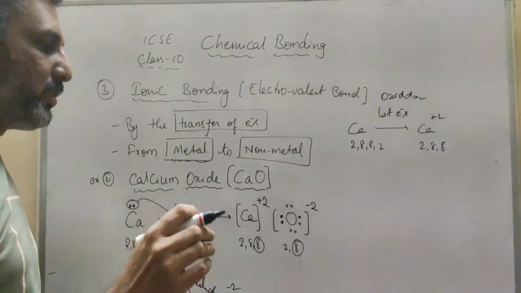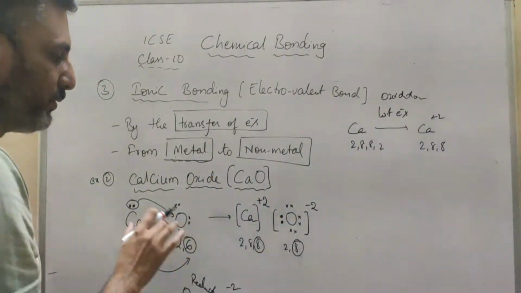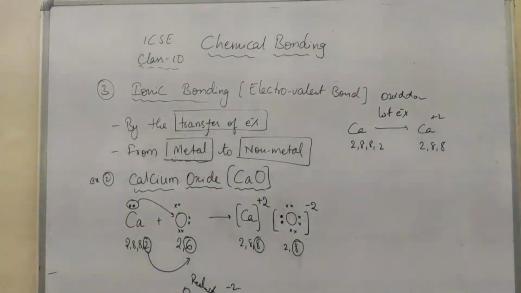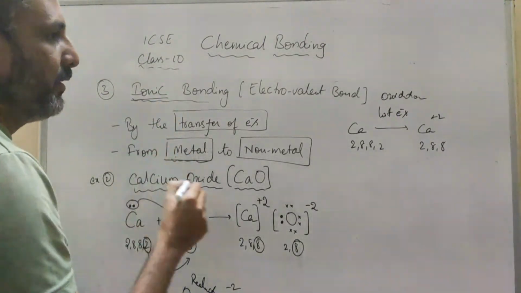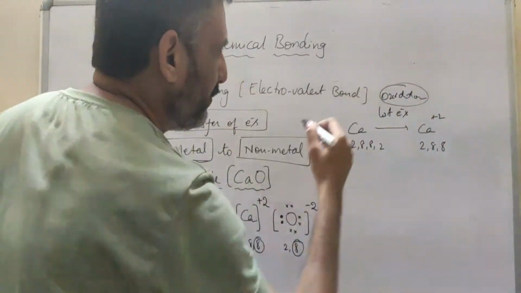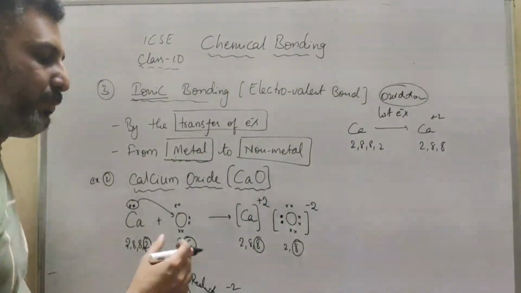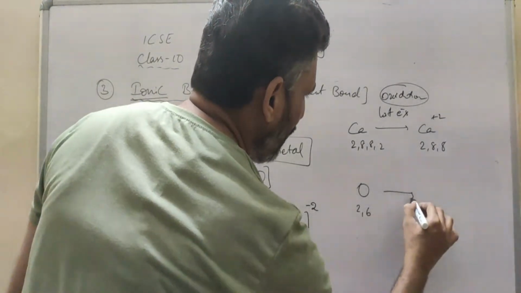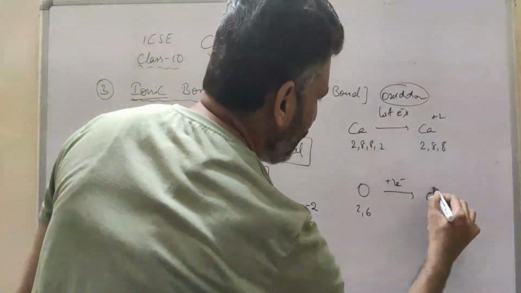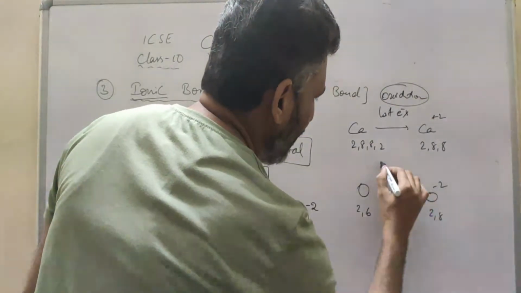So what type of change does calcium undergo, or what type of change does a metal undergo in the formation of ionic bond? Oxidation. What type of change does a non-metal undergo? Non-metal, like oxygen 2 comma 6, after gaining 2 electrons, it has become O minus 2. So this is gain of electrons.